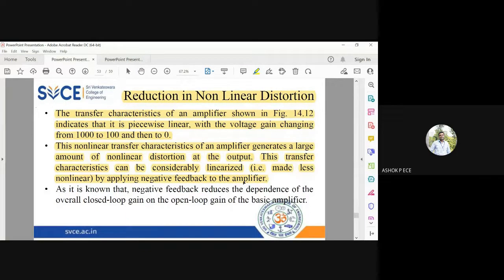Negative feedback will reduce the dependence on the overall gain of the amplifier, so that the distortion can be completely ignored, or completely nullified. The same as the previous case where we said noise reduction takes place when I apply negative feedback. Same way here, non-linear distortion is completely reduced because of negative feedback.